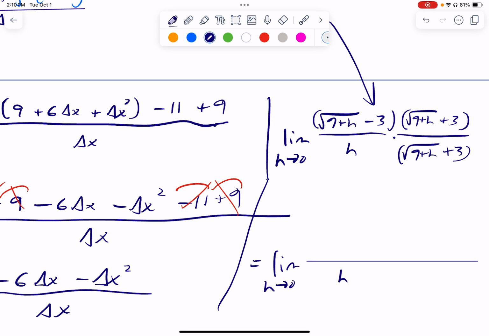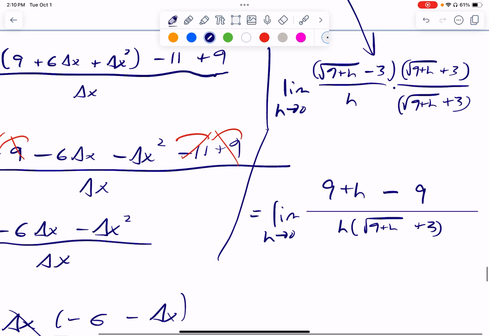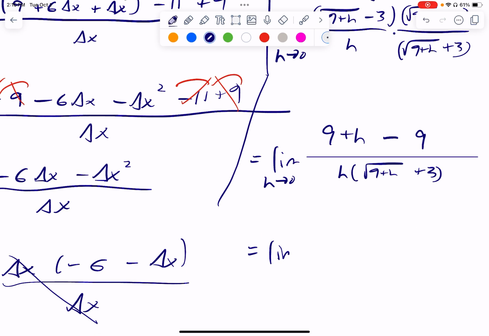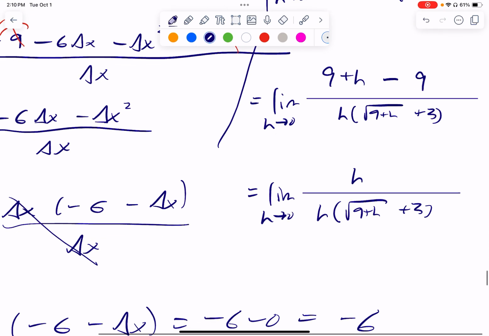In the numerator, I have this a minus b, a plus b rule, so it is the first thing squared, which is 9 plus h, minus the second thing squared, which is 9. So in the numerator, the 9's cancel and I have h. And I notice that h can cancel with the h in the bottom.